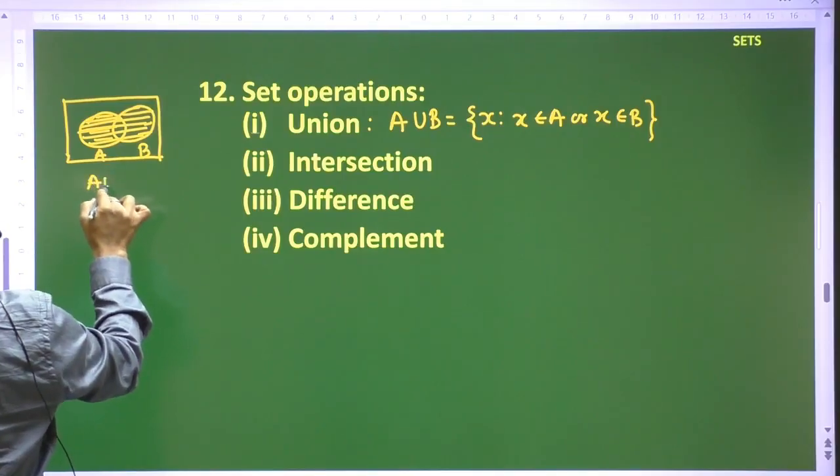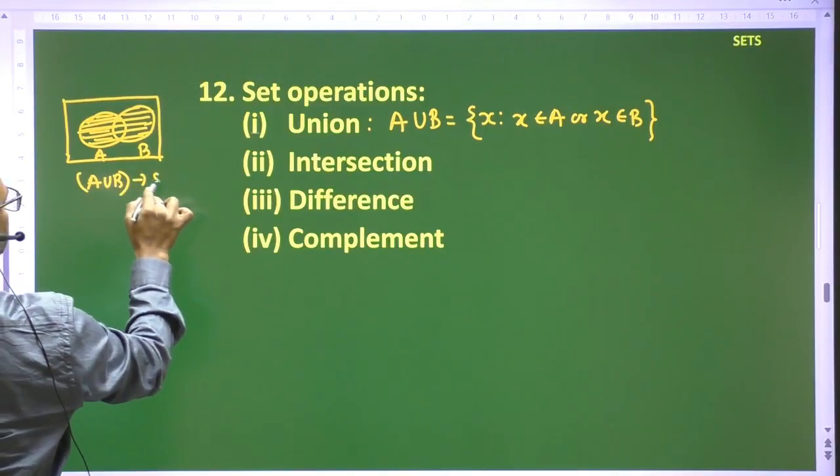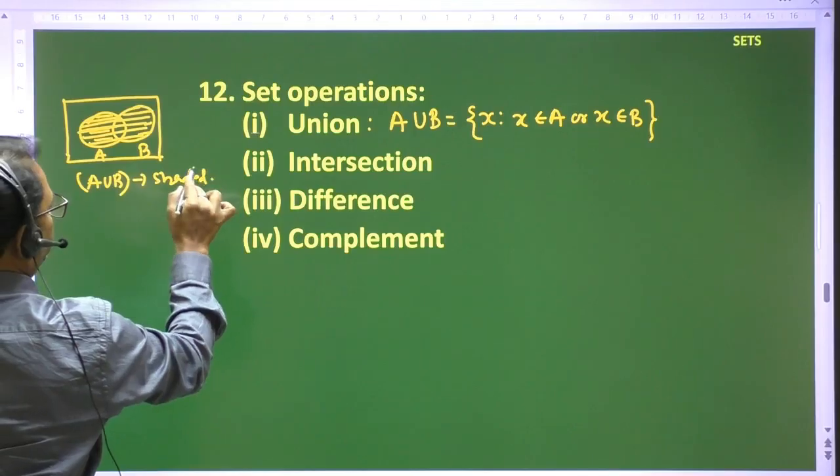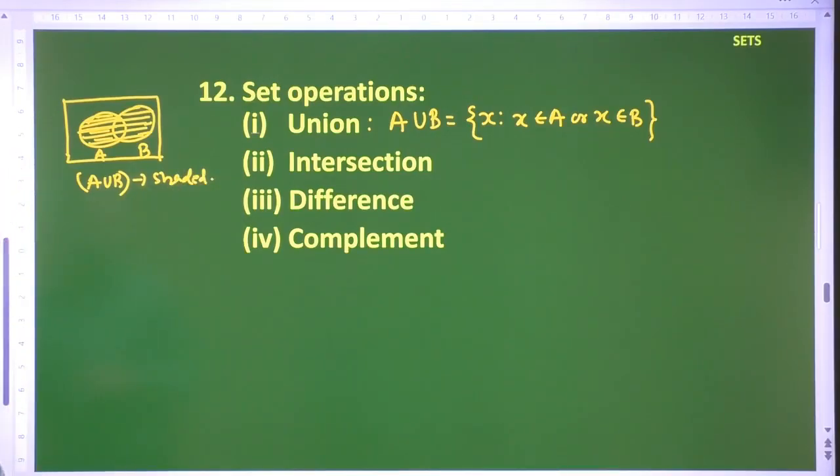A union B is denoted by the shaded part.